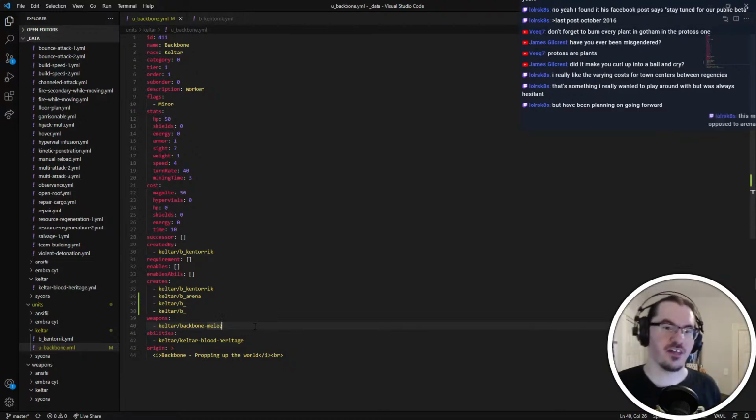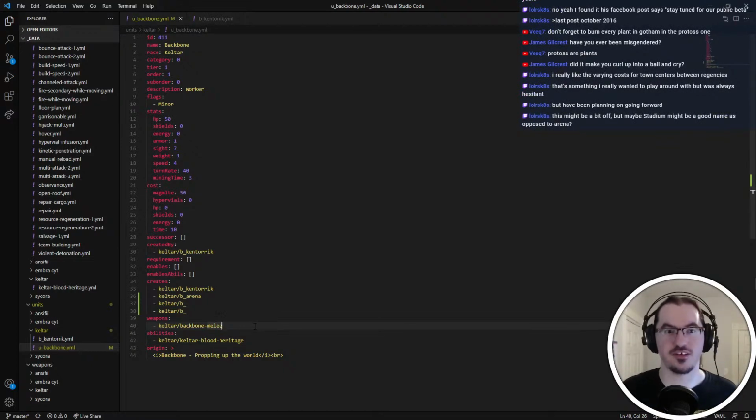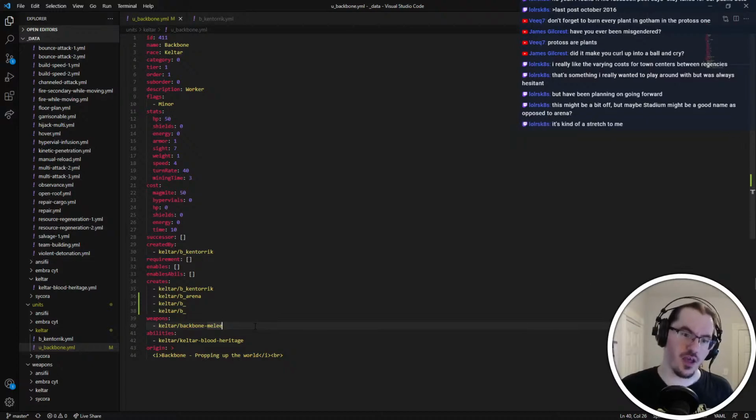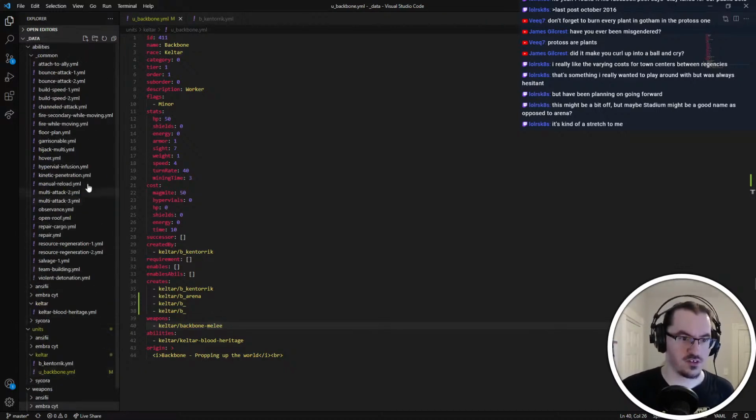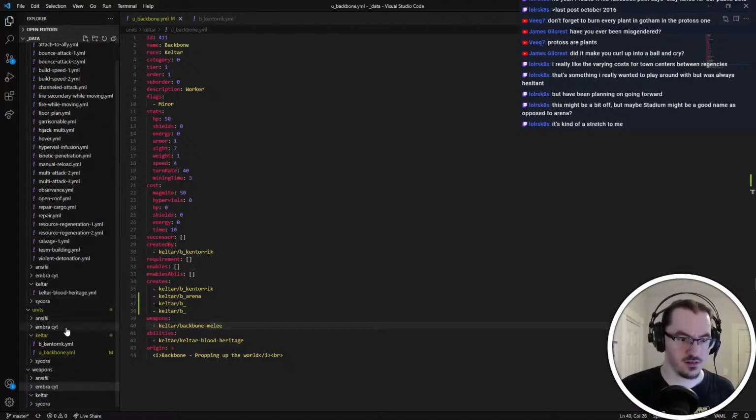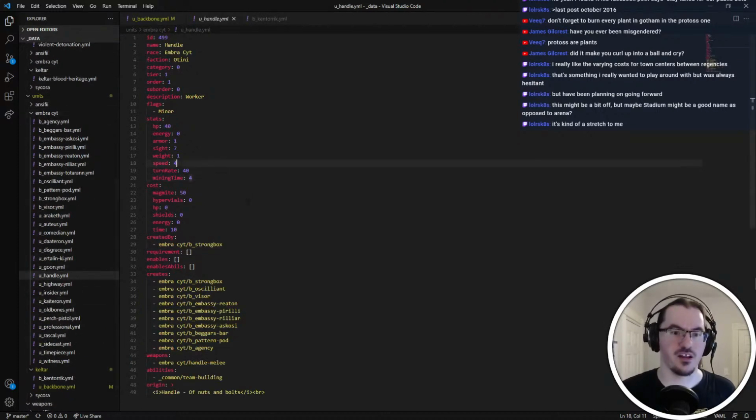So with the Keltar and the Ensifi workers moving the slowest out of the currently planned ones for tier 1, their mining time is going to be lower. The exception, I believe, is the Otini droids for the Ember Seat. If I go to the handle, it's 4 and its mining time is 4.